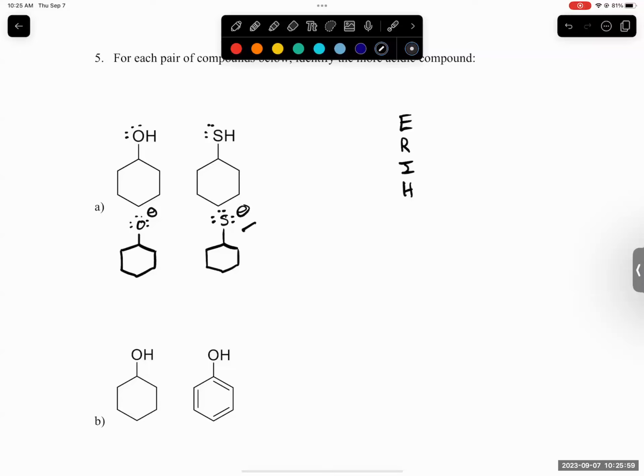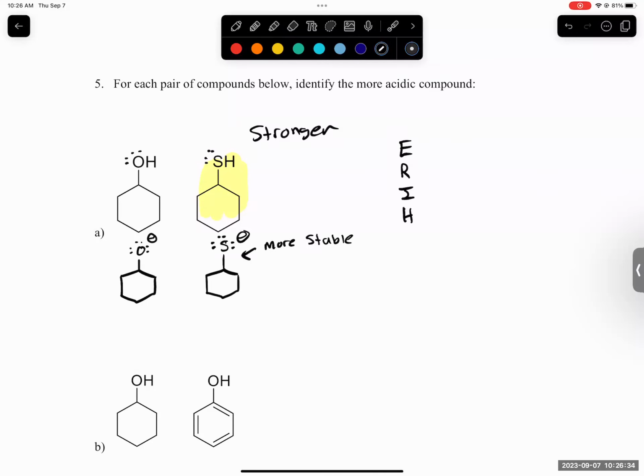So this is more stable. Another way of saying that is that it's the weaker base. If it's the weaker conjugate base out of the 2, what does that mean for the acid that it came from? It's stronger, right? So the thiol, the one with the sulfur hydrogen, highlighted in yellow, is our answer to the stronger acid, or more acidic acid, that the question's asking for.